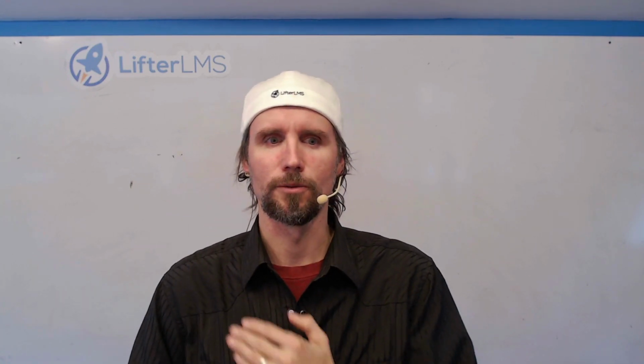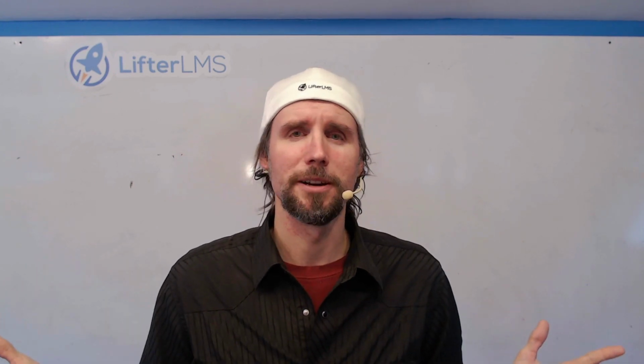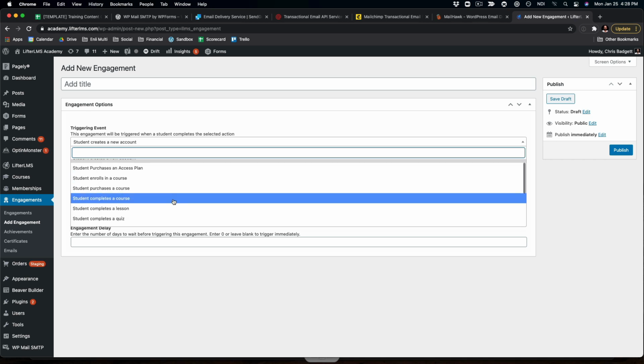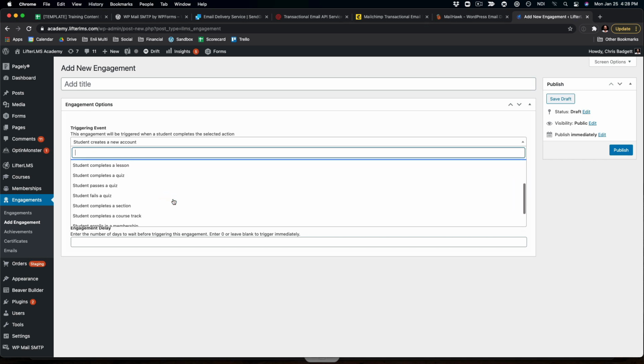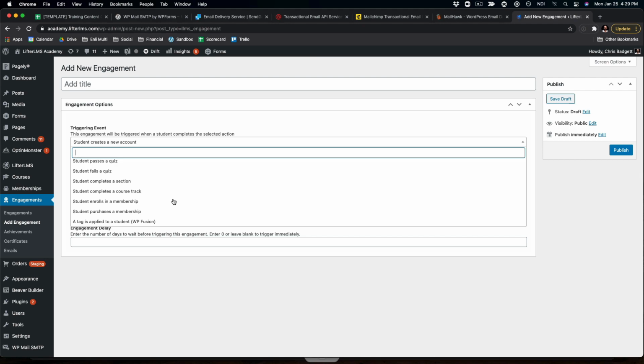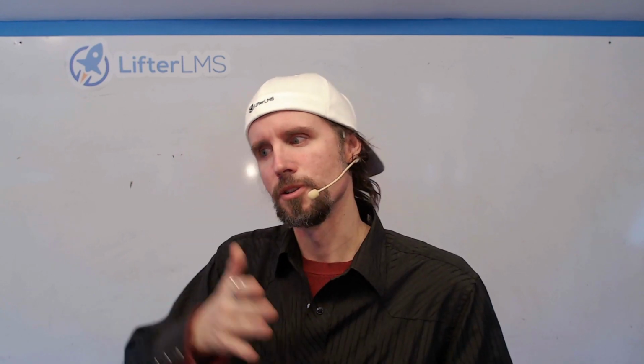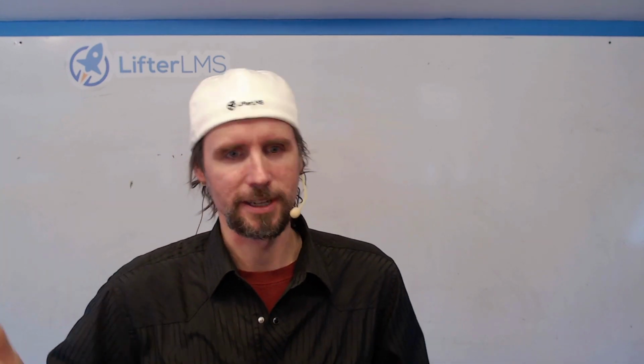So when somebody enrolls in one of those and you want to trigger an email campaign to roll out, so marketing automation, this can actually be done with Lifter LMS by itself. There's a whole email engagement system where you could schedule a series of emails to go out after somebody joins your free course, not based on a learning email where somebody passes a quiz or completes a lesson, but more like a marketing thing that happens on day 2, on day 5, a week later, and stuff like that.